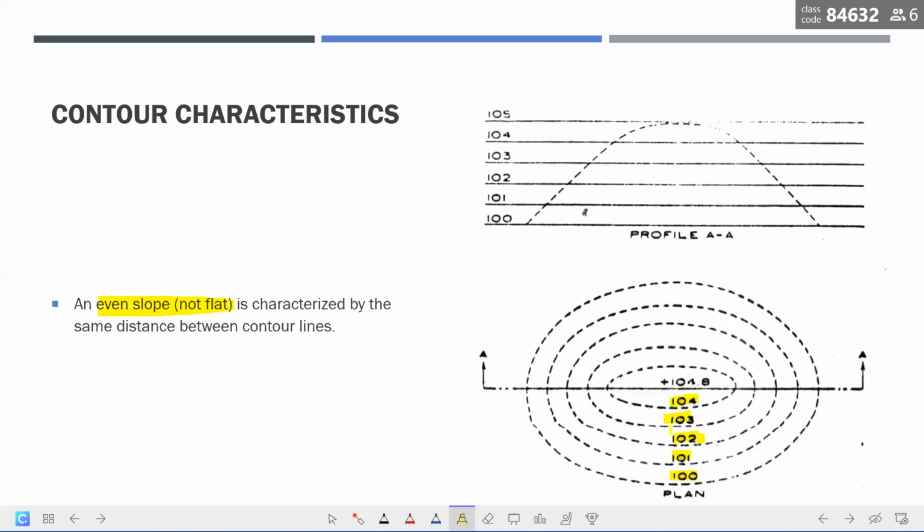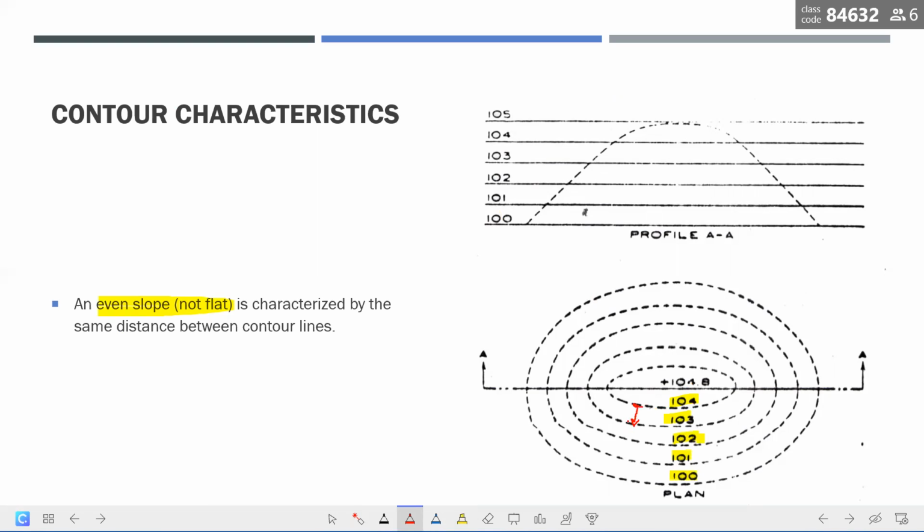It's not the elevation or the intervals that we're focusing on here at the moment, but more the distance between each contour line.